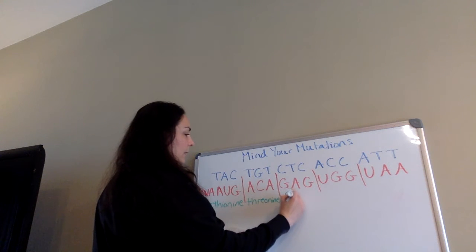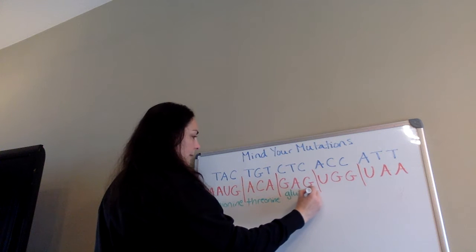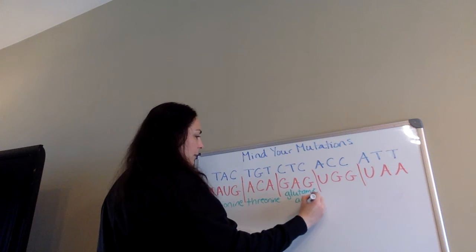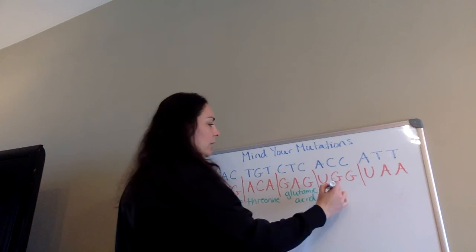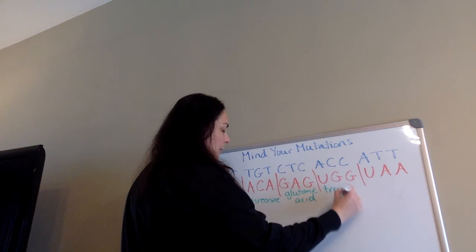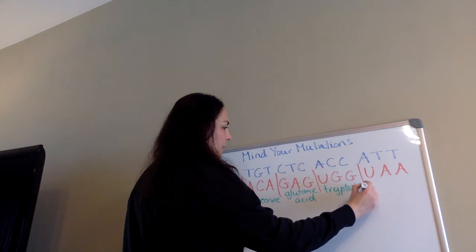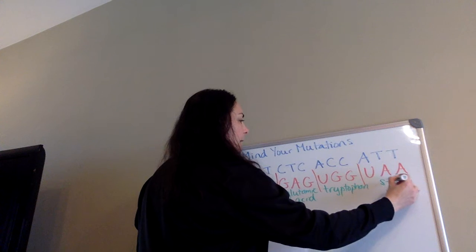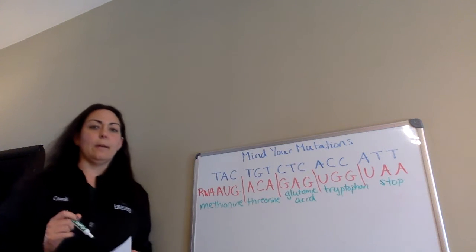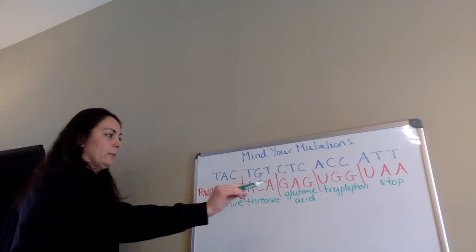GAG would be glutamic acid. So you write that one down. Next one, UGG, should be tryptophan. And then the last one, UAA, makes sense. That is a stop codon. So you're going to write those out.